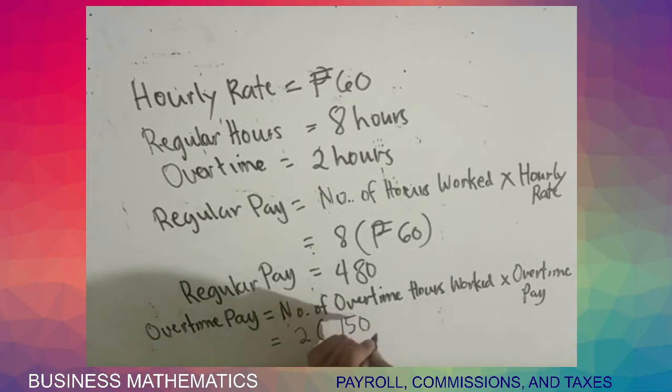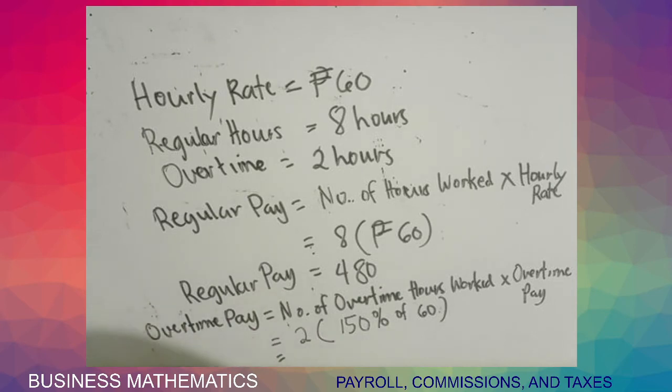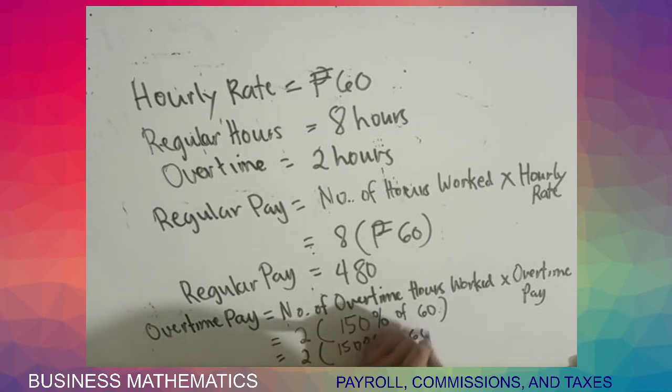Okay? So, 150% of 60. Pag kinukuha natin yung 150% of 60, si 150% itatimes mo sa 60. So, magiging 150% times 60.